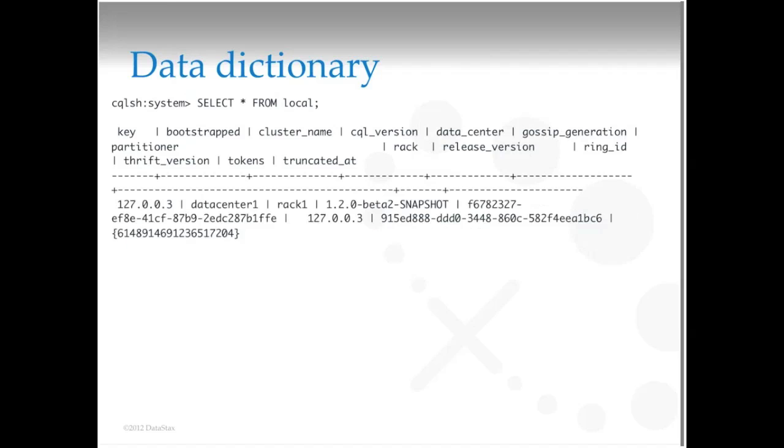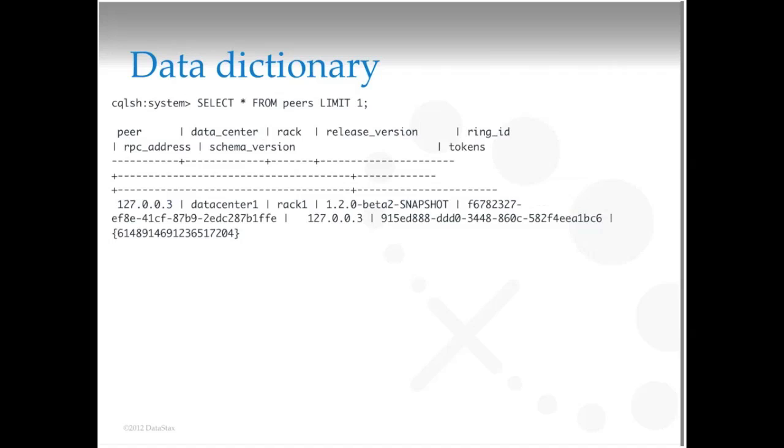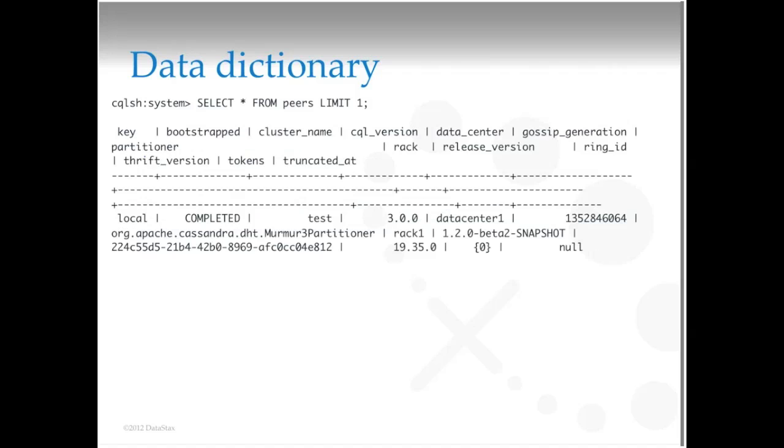So you can see in the peers table, we know their network address, what schema version they know about, what data center and rack they're in, and their token, which you'll note, because of the virtual nodes, is a set rather than a single entry. But compared to what we know about ourselves, we know a little bit more. We track some metadata about truncation time. That's actually a map of table IDs to the truncation times.